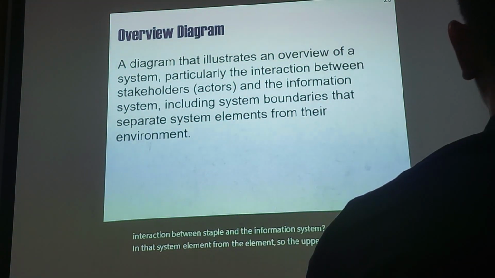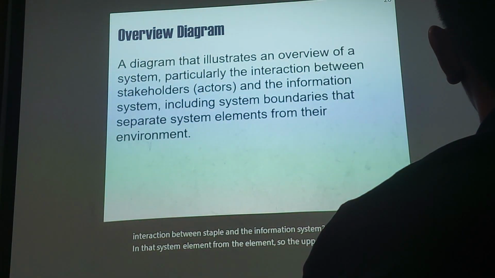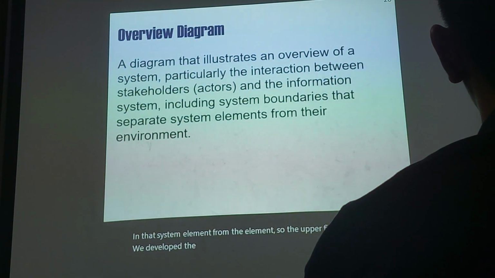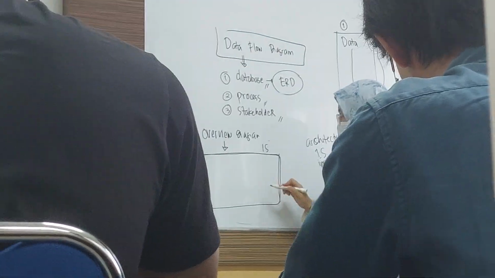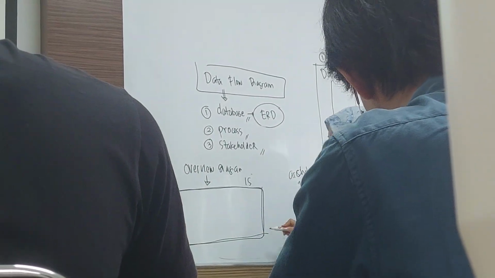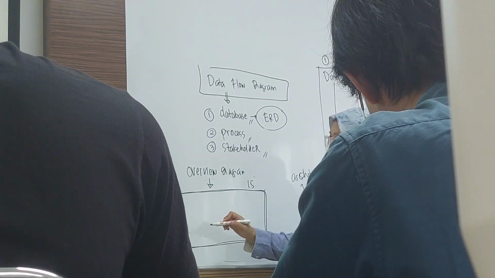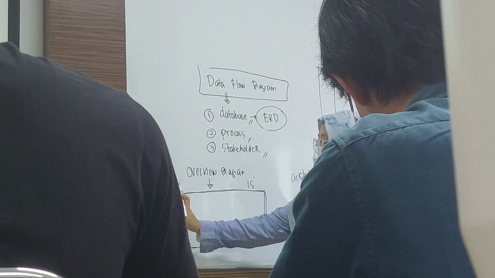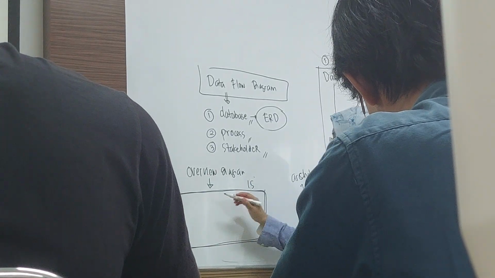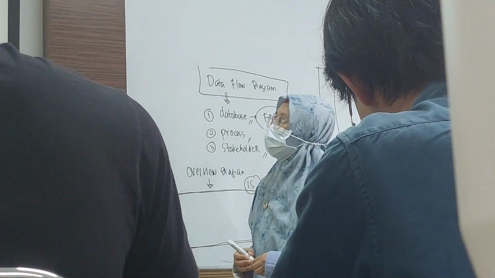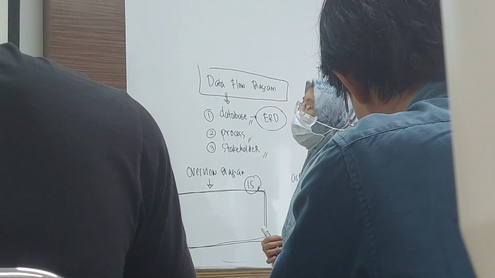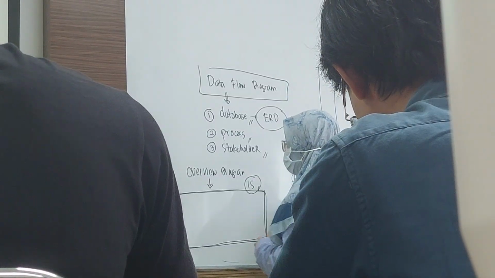In the overview diagram, we develop the boundary. So for the information system, we give a boundary. We look from what point until what point the system covers. So we have a boundary to separate the system elements.